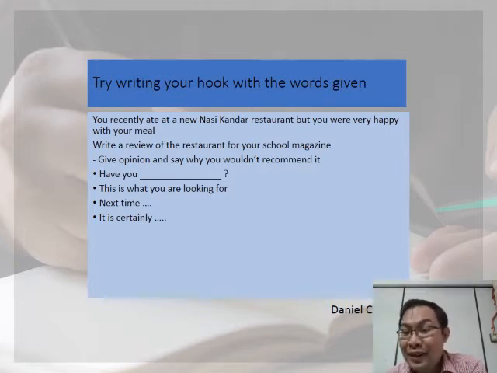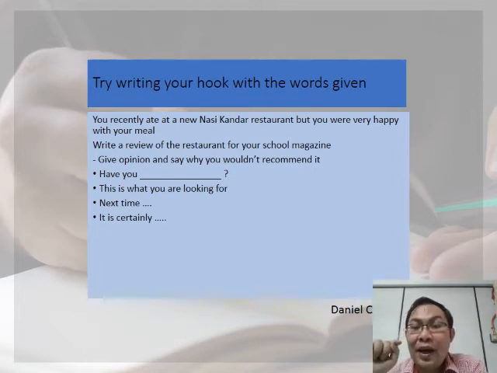Number two, a recommendation, suggestion, and number three, you can look at the name of the restaurant, book, or movie. Make sure it is clear. You can use the words given in the slide to help you. Furthermore, you can also go back to the previous slide. That will help you to write your hook.